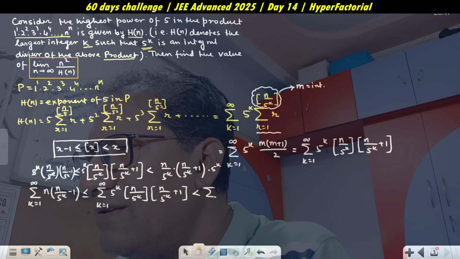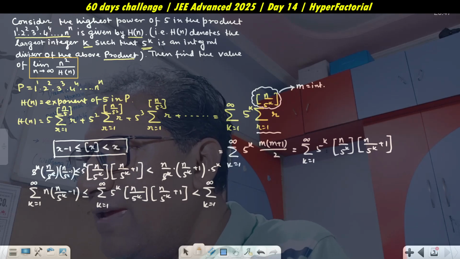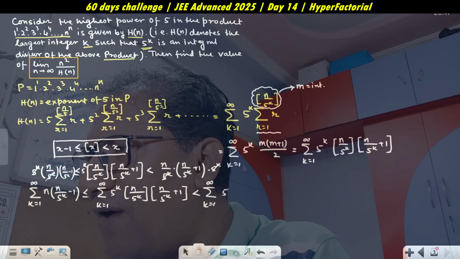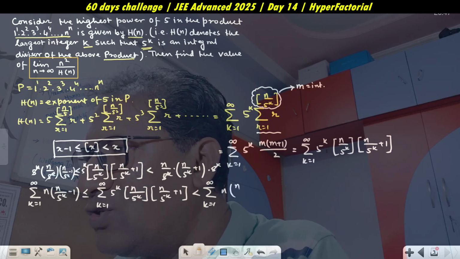Less than sigma k from 1 till infinity. Again 5 to the power k will go off. So it will be n into n by 5 to the power k plus 1.